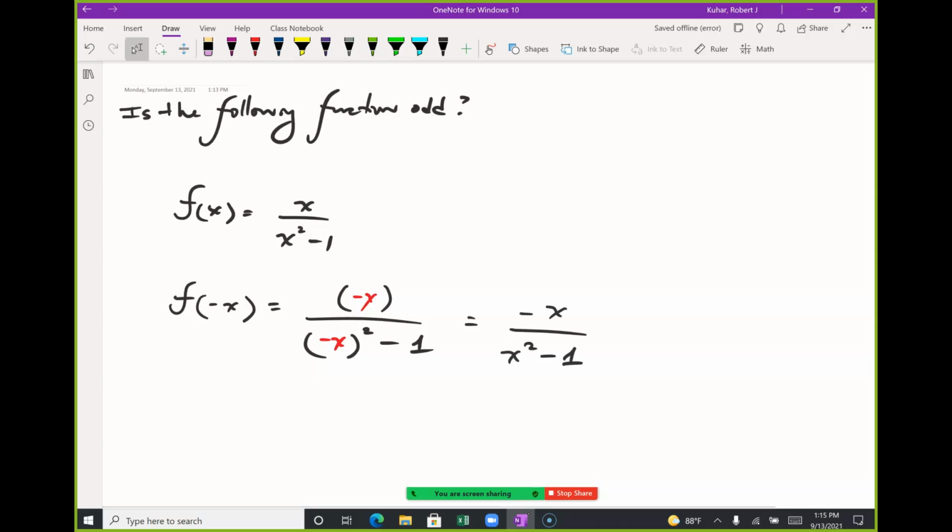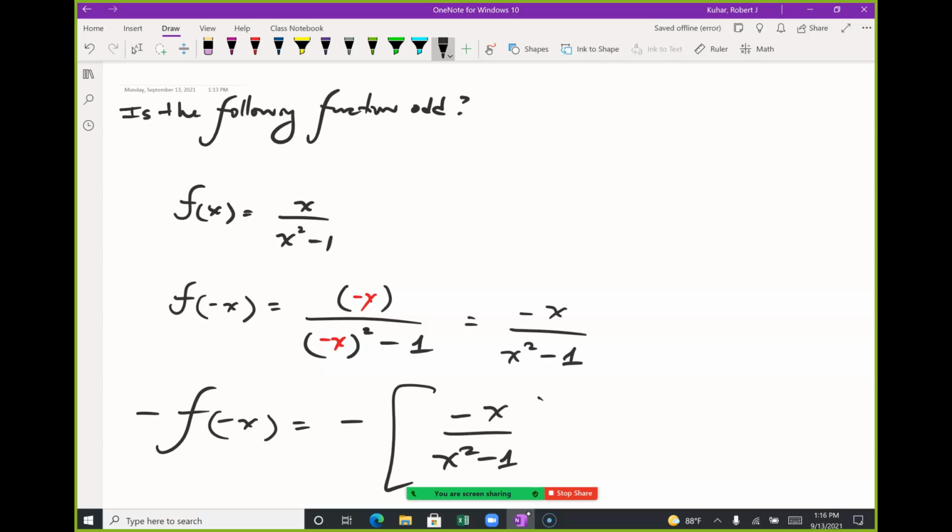Now I want to find the opposite of that. I want to find the opposite of f of negative x. So I want to find the opposite of negative x over x squared minus 1. And guess what? That negative distributes to the negative, and I get x over x squared minus 1. And notice what that is. That's the original function. And so there it is. That's what I wanted to show, that the opposite of f of negative x is f of x.